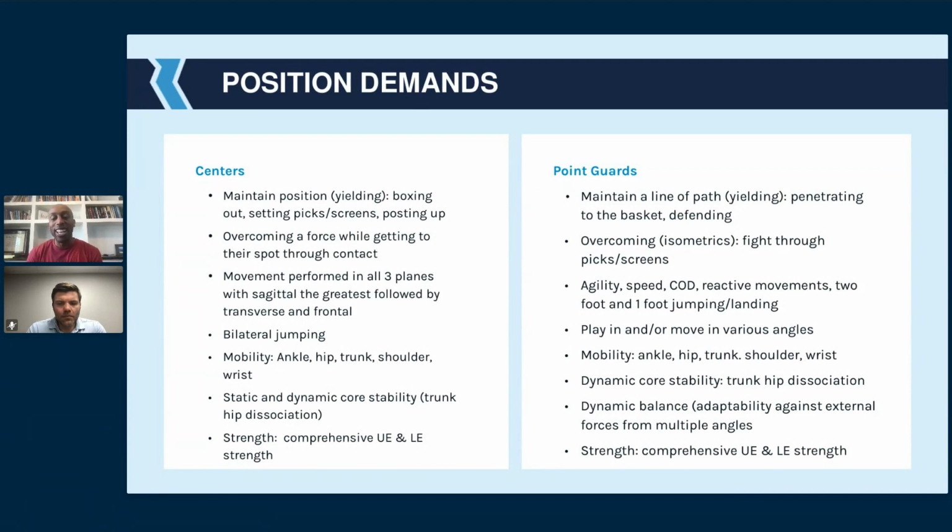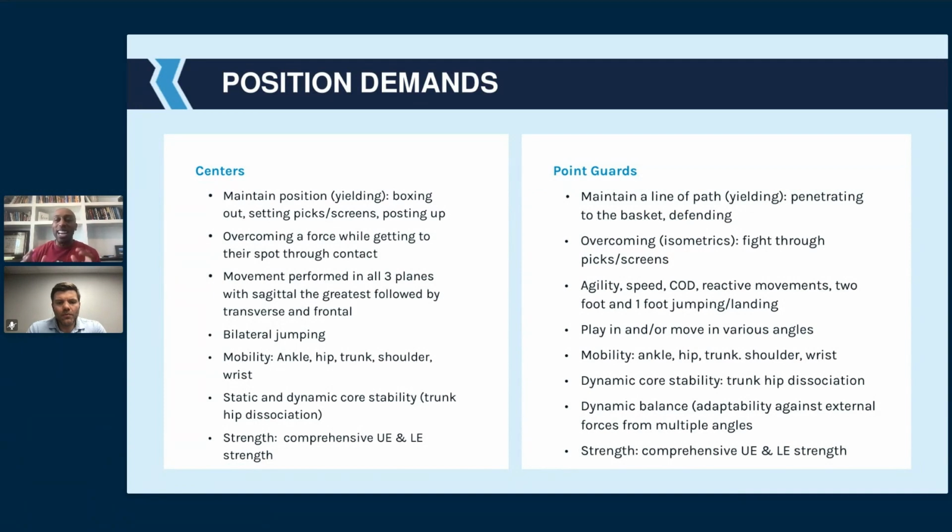And then guards are going against external forces, right? When they're driving to the basket, they're being defended, and the defender is trying to take them off of the path that they're trying to go when it comes to penetrating to the basket.